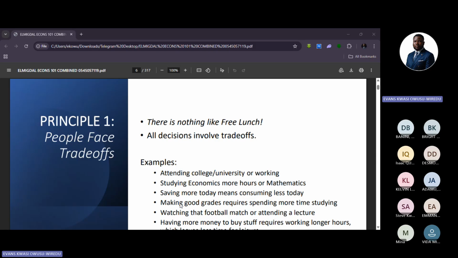Yes, sir. Please come again. What is the term given to the decision that is right in economics, as they've made the right choice now? Rational decision. That is correct, 100 points.